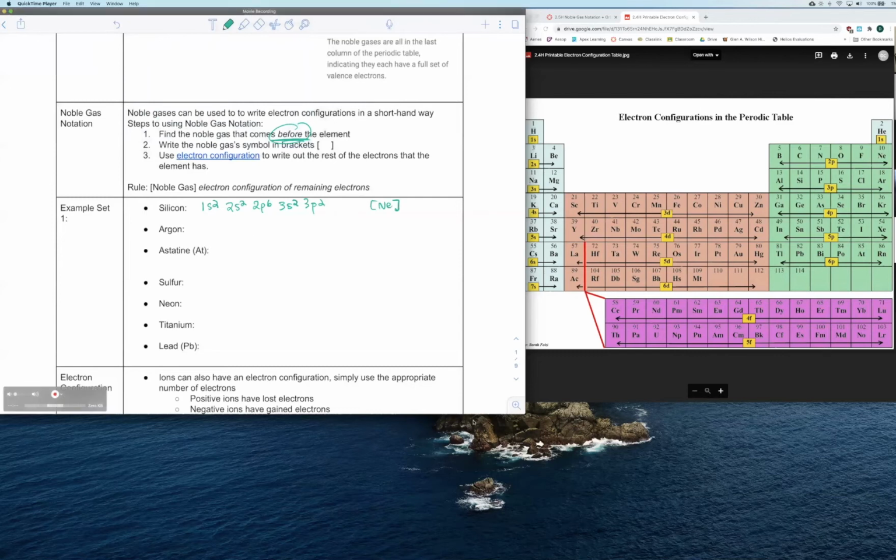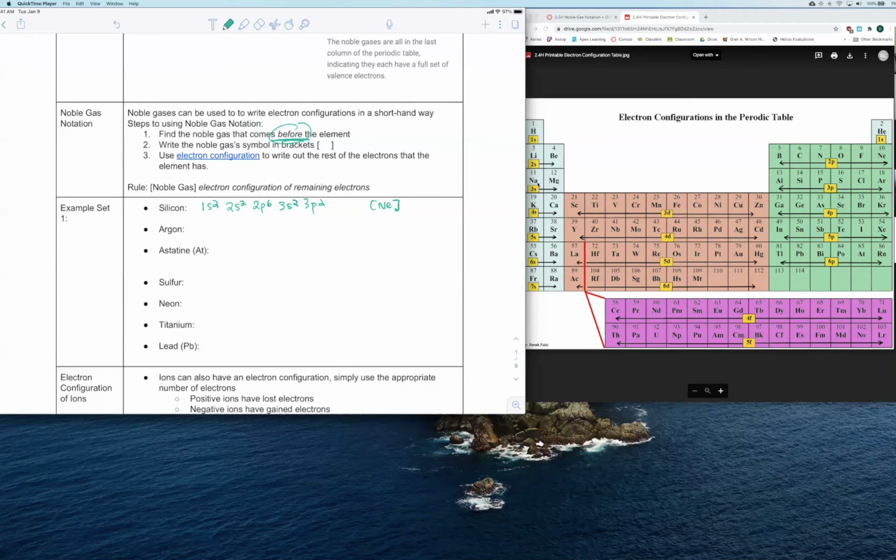So neon in brackets, and then after neon, I'm going to write out the remaining electrons until I reach silicon. So after neon, you would have 3s2, and then 3p2. Okay, and that would be it.